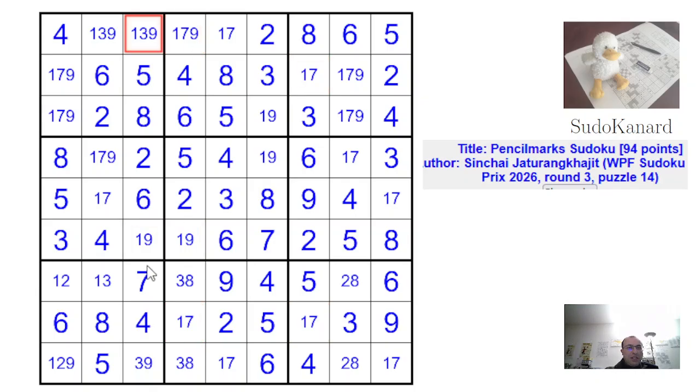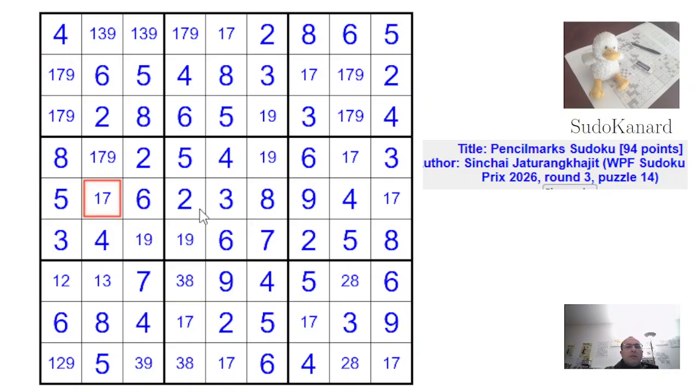I thought I had seen an X-wing, but this is not an X-wing. There seems to be a lot of action with digit 1. We have a swordfish. Not sure about that. No, this is way more complicated than a swordfish.